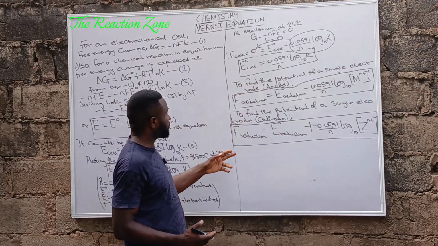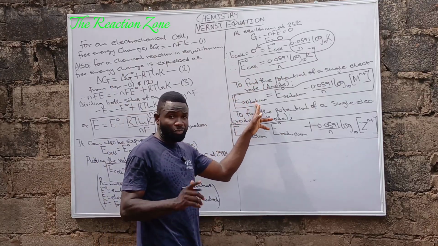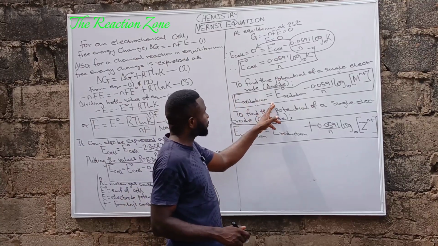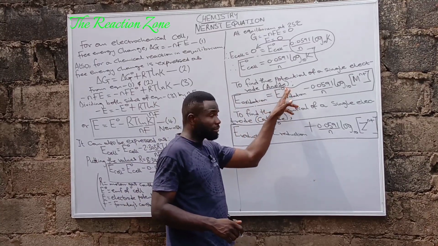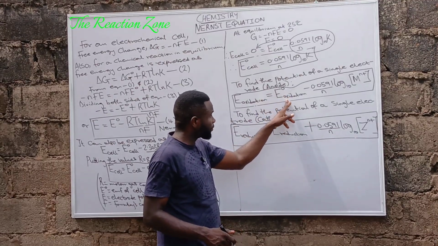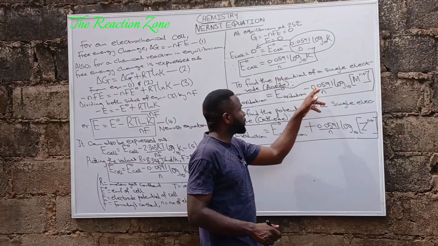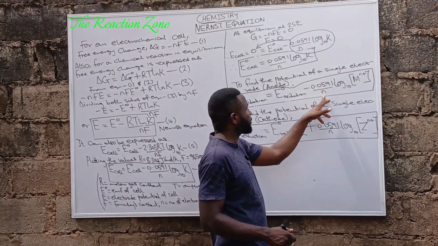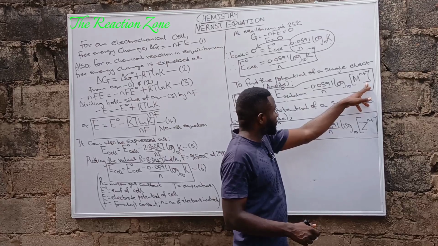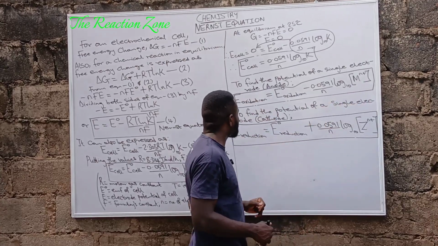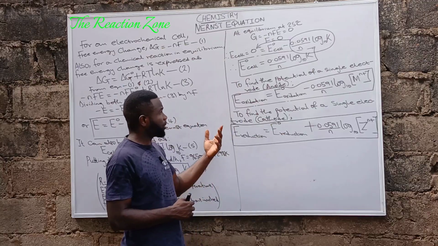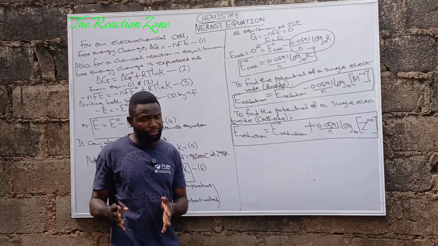And that is simply going to be E oxidation, which stands for oxidation potential of the anode, will be equal to E oxidation naught, which is standard oxidation potential, minus 0.0591 over n log the concentration of ions at the anode base 10. So this formula here is used to find the oxidation potential of the anode.